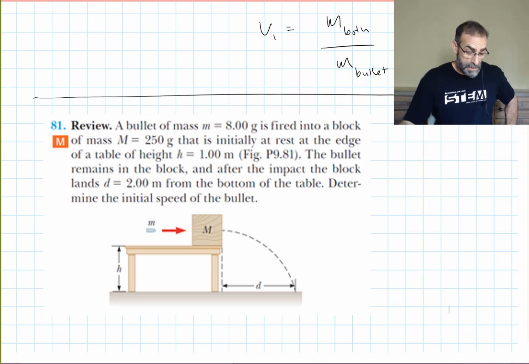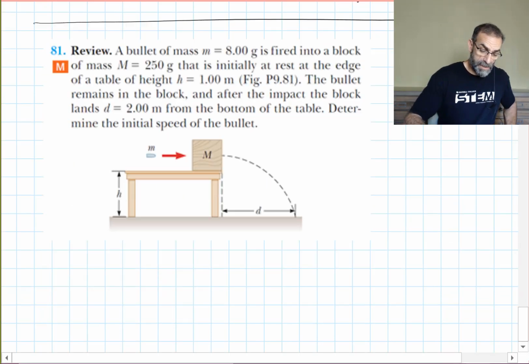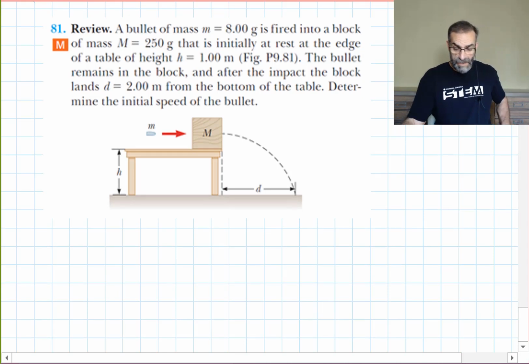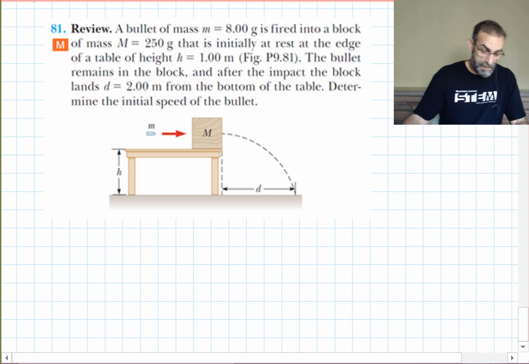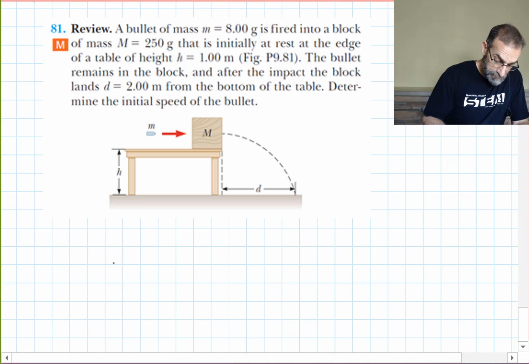A bullet into a block. They stick together. Lands 2 meters. Determine the speed of the bullet. Another type of ballistic pendulum, trying to find the speed of the bullet. This time you can use some of your kinematics equations, right? So I would do a timeline.